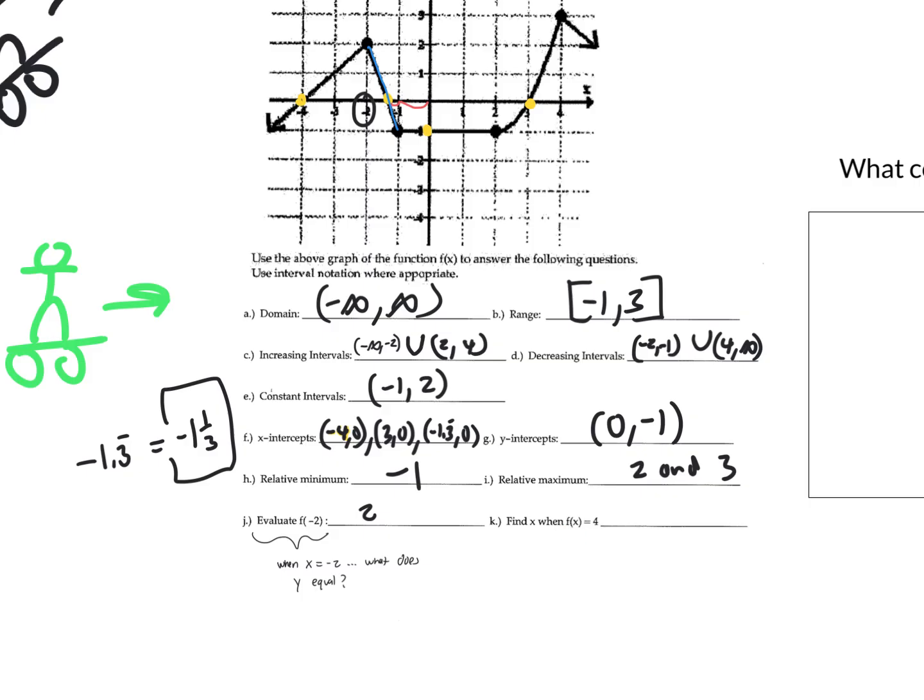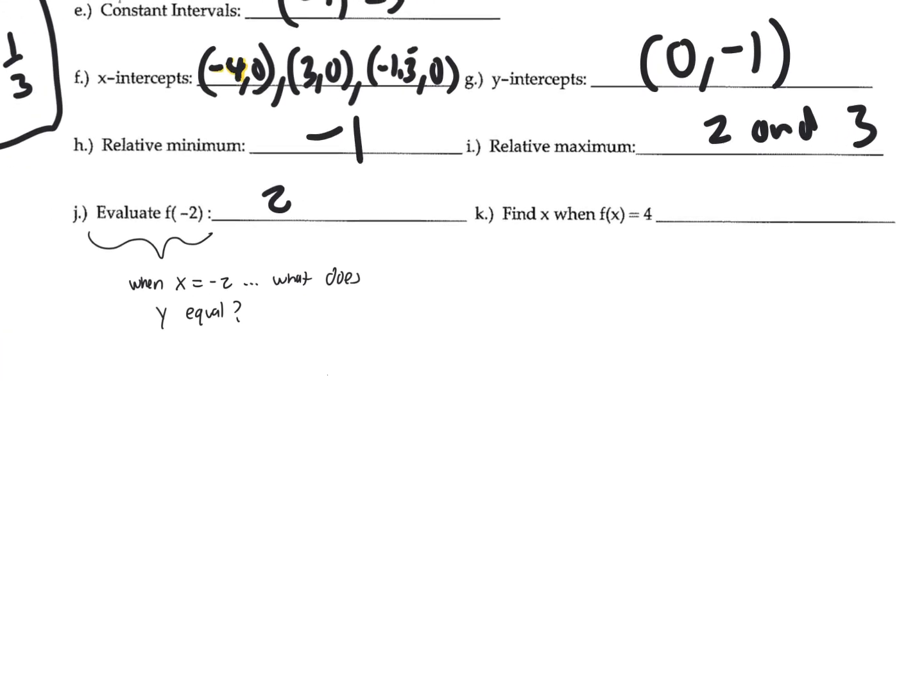Find x when, okay. This is another one that might require some translation. Anytime they ask a question like this, you can translate it by saying, what is x when y is 4? That's the question they're asking. What is x when y is 4?